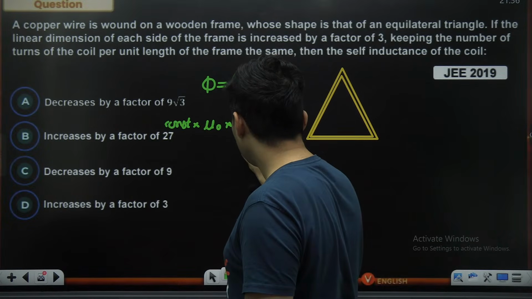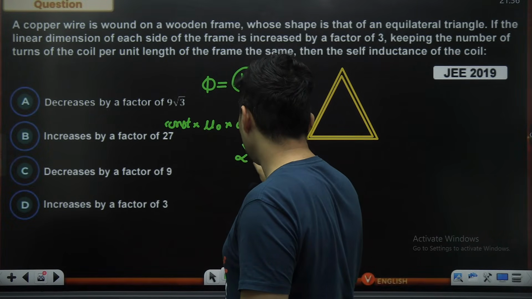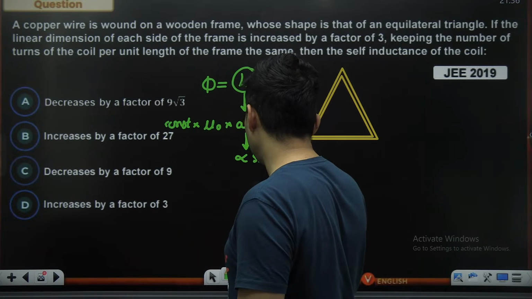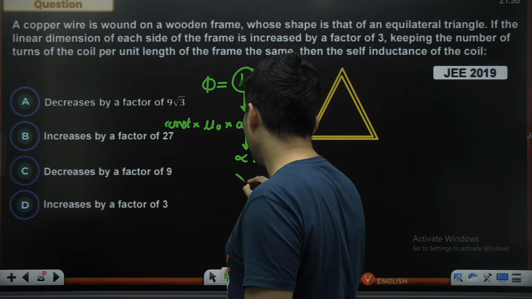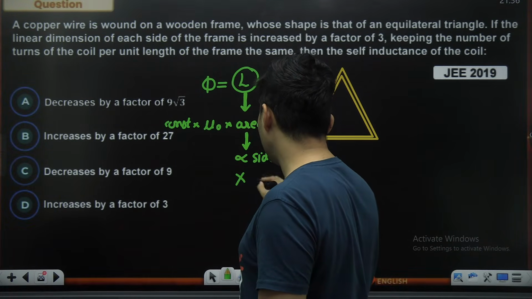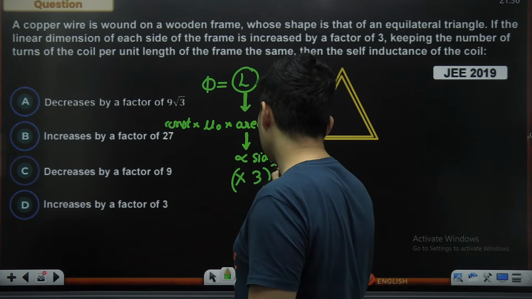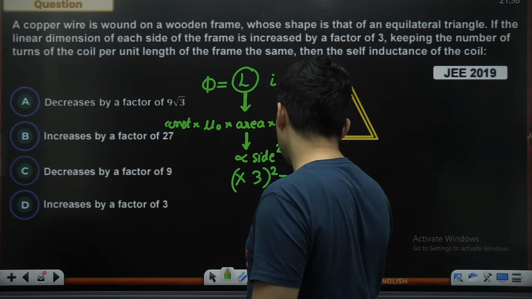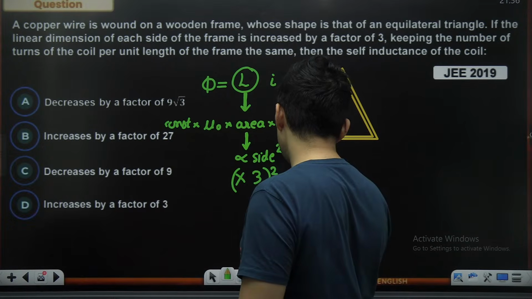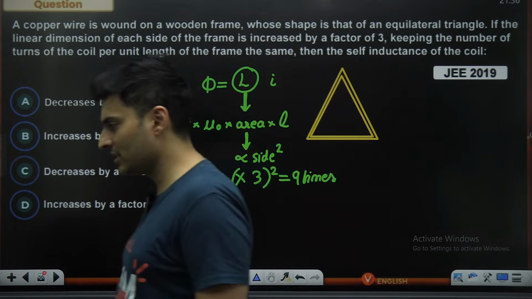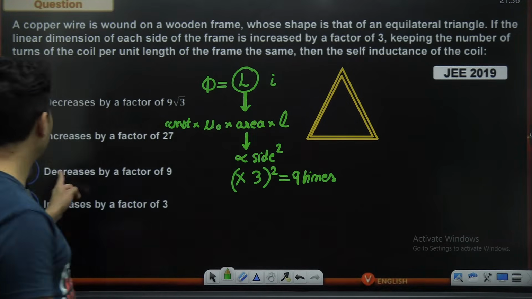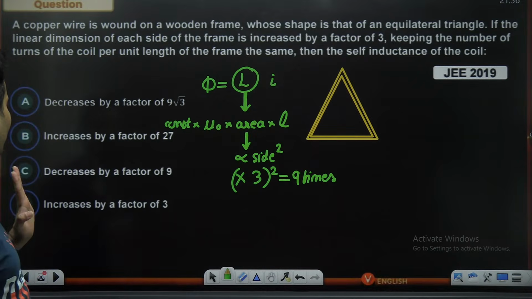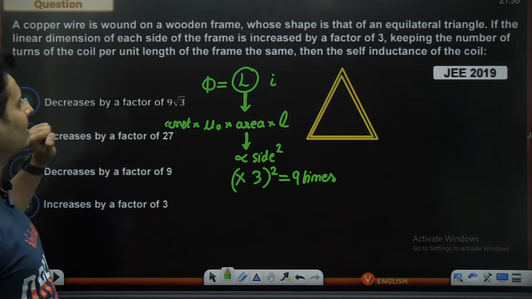This area is directly proportional to the square of the side, 100%. So definitely, if the side becomes 3 times, this will become 3 squared times. That means 9 times. This will definitely become 9 times. So immediately people will say that it will change by a factor of 9, but that is not the correct answer.